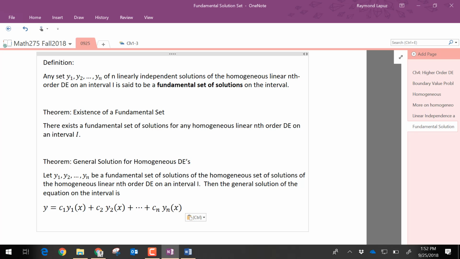And the general solution will be the linear combination of all those linearly independent functions. If we can find these linearly independent functions, all we have to do is write them as a linear combination, C1 times the first plus C2 times the second, C3 times the third, etc. And then we have a general solution for our differential equation.